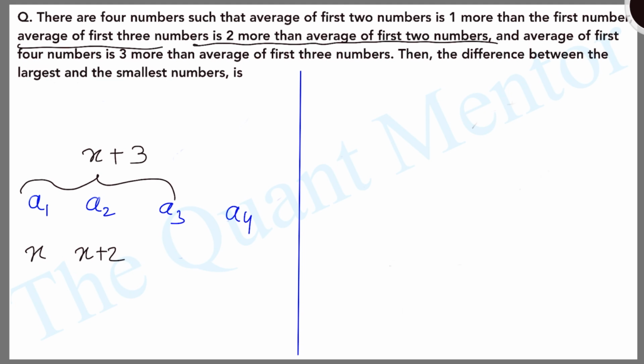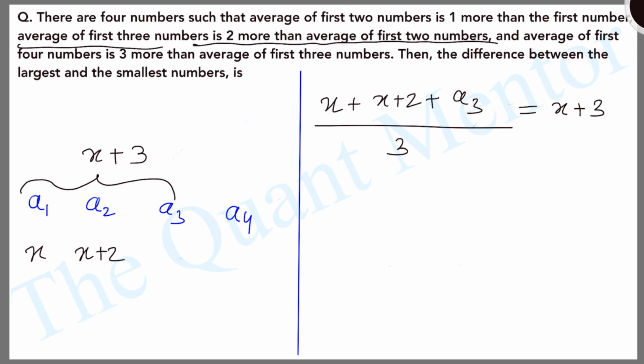Alright. Now using this in the equation that they have given, we will write the average of the first three numbers. The first three numbers are X, X + 2 and A3. Their average will be (X + X + 2 + A3)/3, and this we know is nothing but X + 3 only.